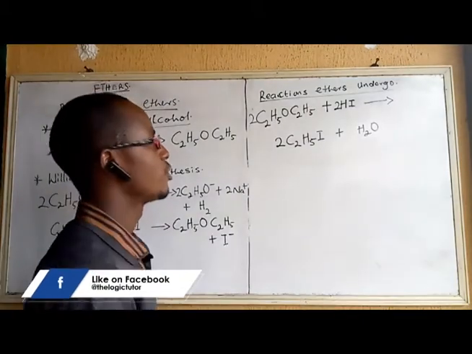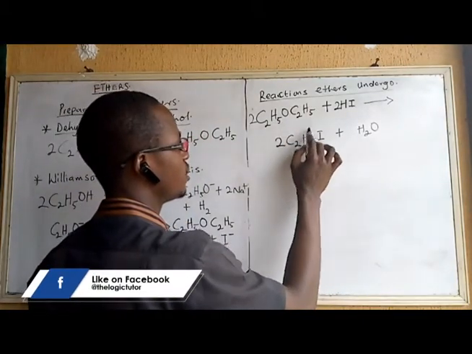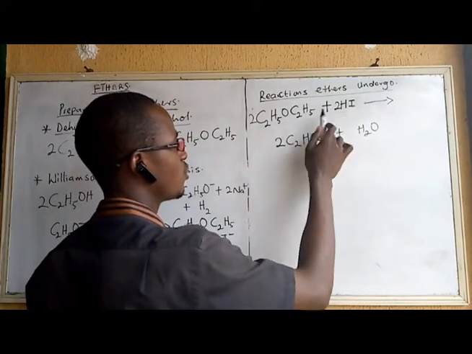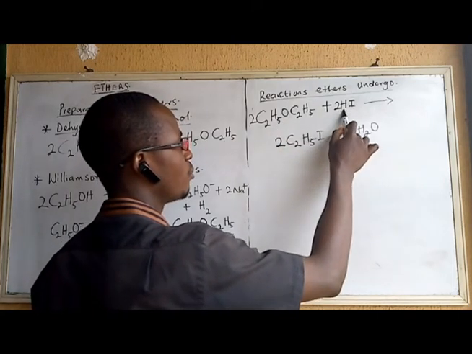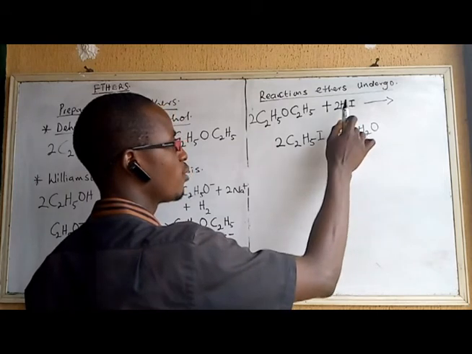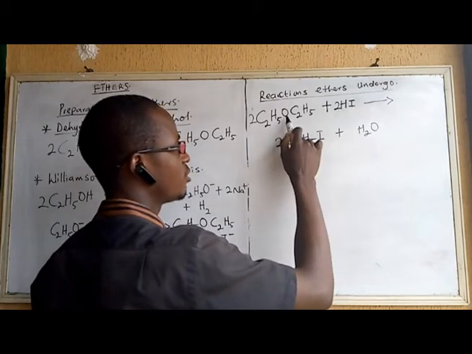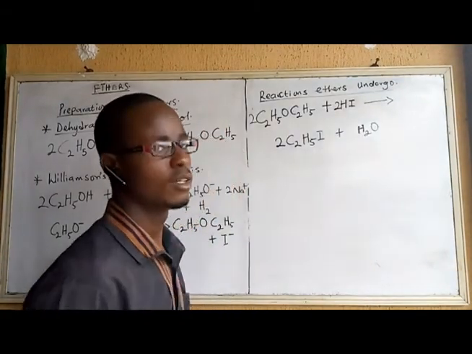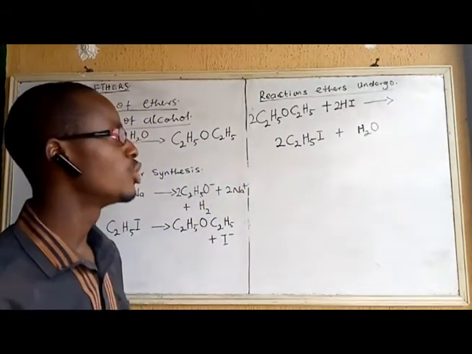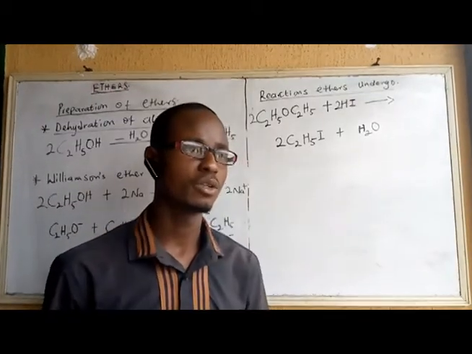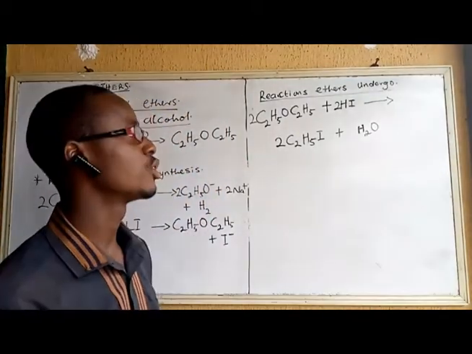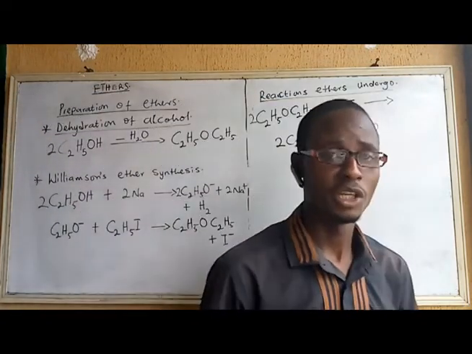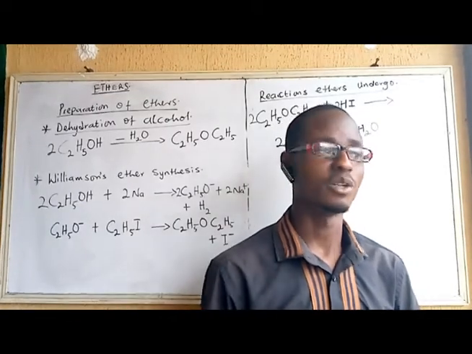This is achieved when the oxygen is removed and replaced with iodide, 2 moles of iodide, and the 2 moles of hydrogen, or 1 hydrogen molecule left, is reacted with oxygen to produce water. This is the major type of reaction ethers undergo, or another method of producing halogenoalkane, the other way around.